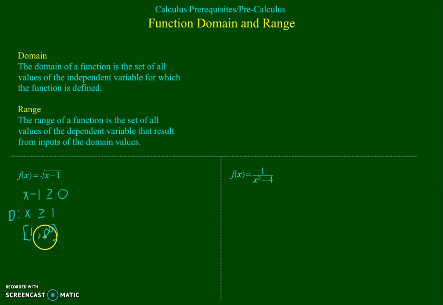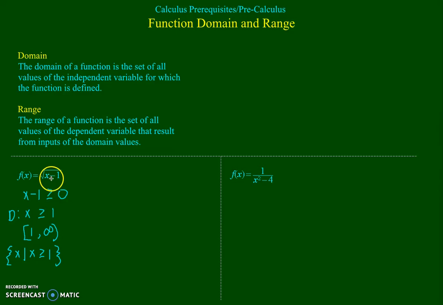This is the domain. You could have also used set notation. You could have said the set of all x such that x is greater than or equal to 1. It's up to you how you want to do that. But these are the different notations to describe the domain of our function.